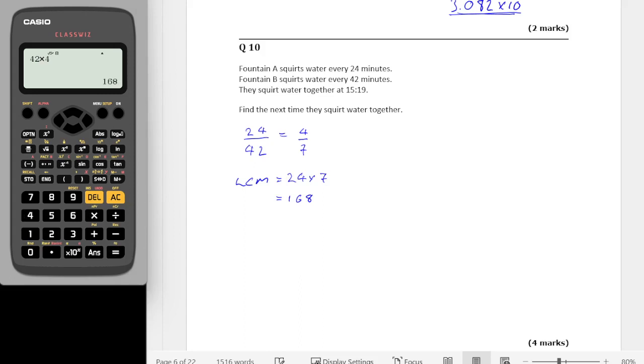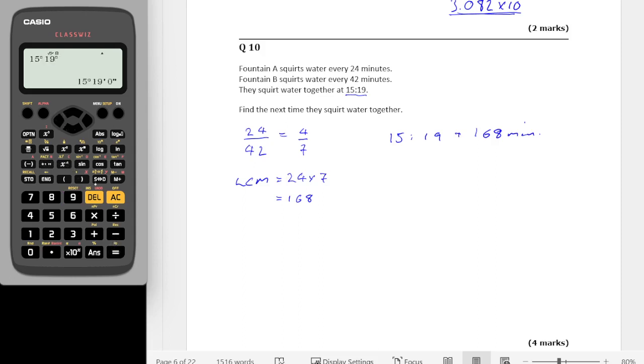So what we want to do now is we're looking at time. If I'm starting at 15 hours and 19 minutes and I want to add on 168 minutes, my calculator will do that for me. So I type 15 hours, 19 minutes, and I missed my time function off there.